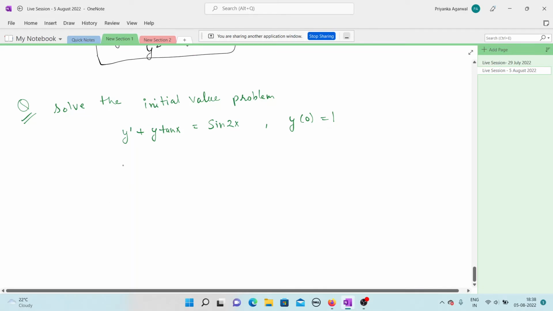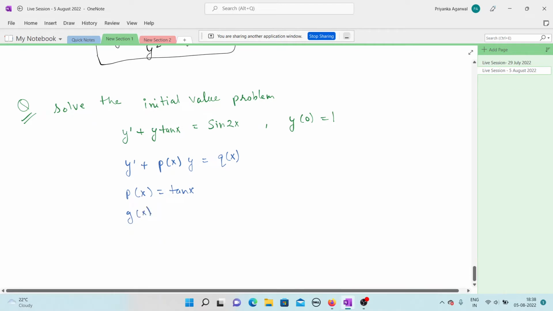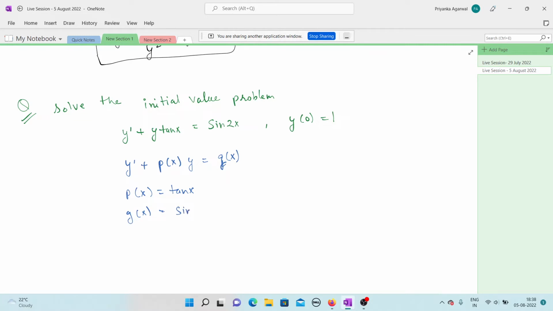Now we know that the standard form of a linear first order differential equation is y dash plus p(x)y equals q(x), right? So in this case p(x) is tan x and q(x) or g(x) will be sin 2x, right?